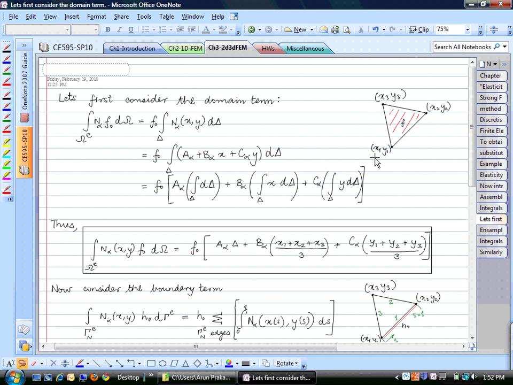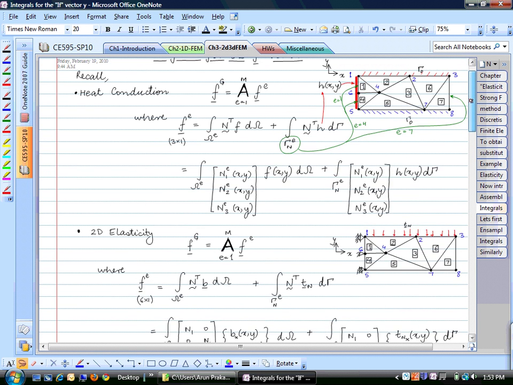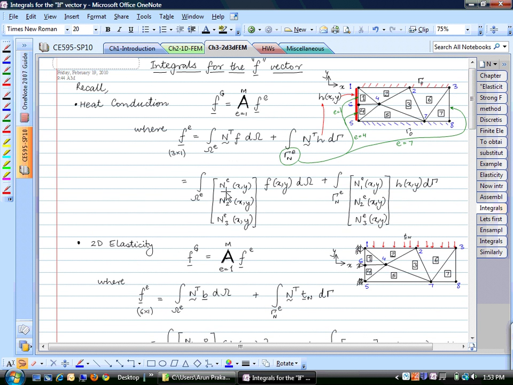It has the coordinates x1, y1, x2, y2, x3, y3, and we want to calculate this quantity, which goes into this integral right here. So, for example, N1 times f naught, N2 times f naught, N3 times f naught. This would give us a 3 cross 1 vector.